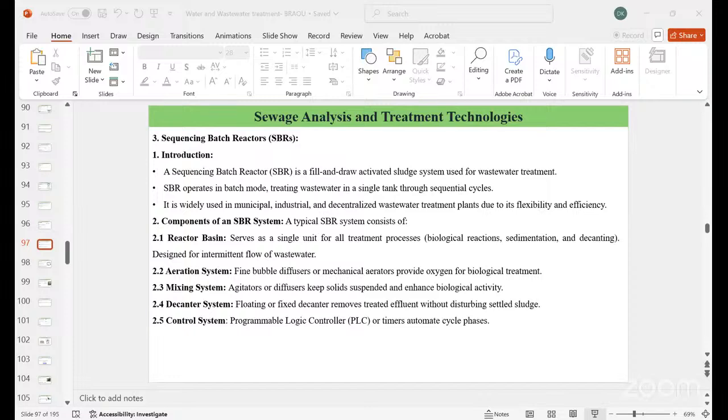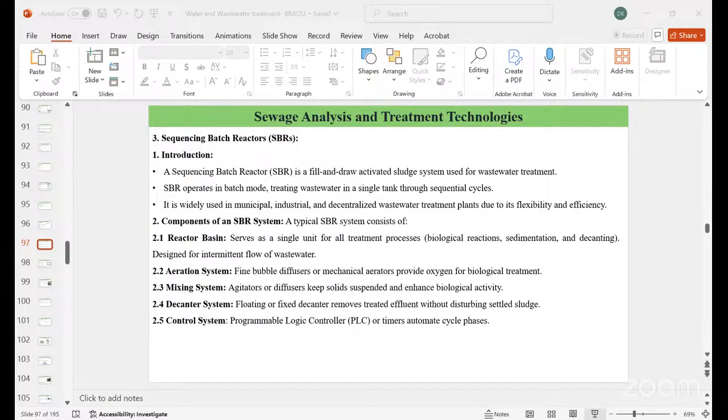The first one is the primary treatment, where screening and grit removal occur, and the solid waste mainly causes blockages and reduced efficiency. Grit removal can also be hampered by excessive solid waste. Then the sedimentation process, where sludge contamination occurs.